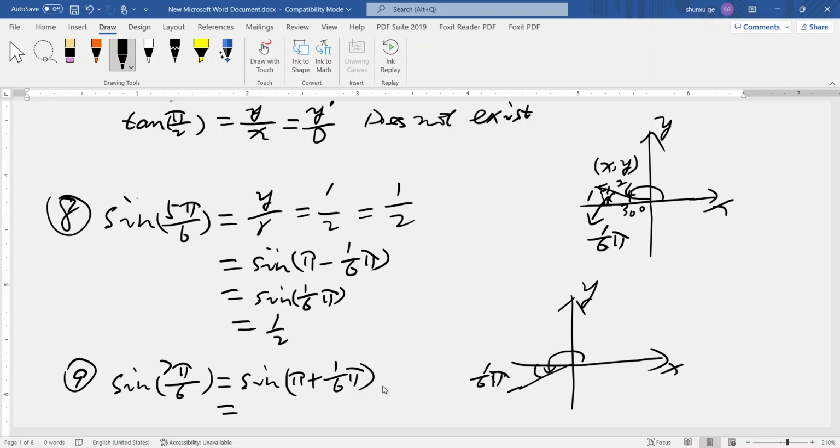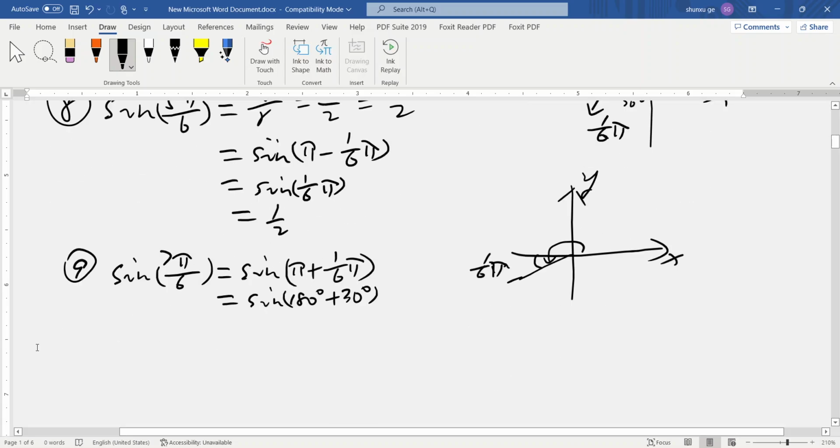So 1 over 6 pi is the same as 180 plus 30 degree. Okay. So here is 30, here is 1, here is 2. But this is negative because this part is positive, this part is negative.